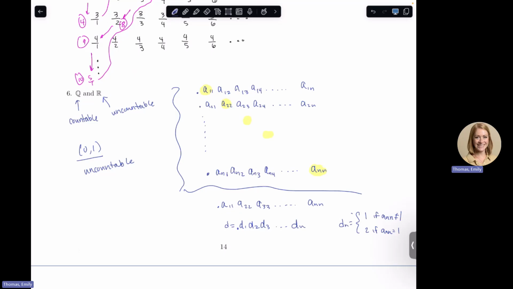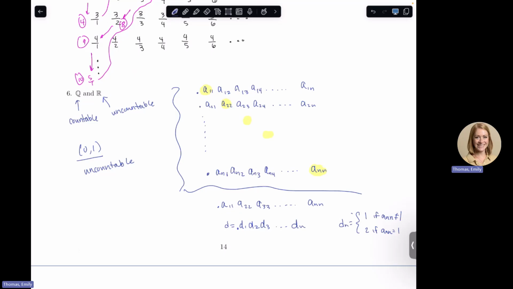Yeah? If A2,2 is 1, make it 2. If it's not 1, make it 1. So the idea is that this number will be different from every number in this list in at least one spot, the nth spot.